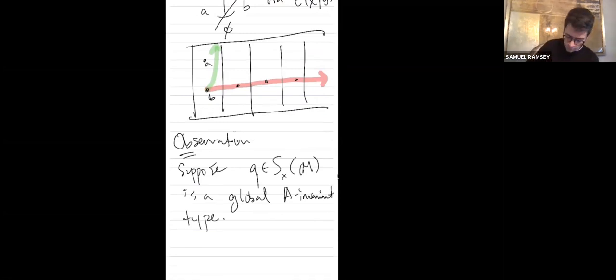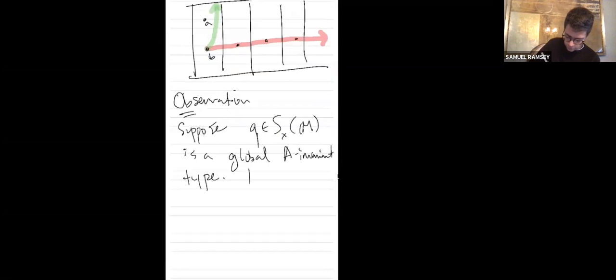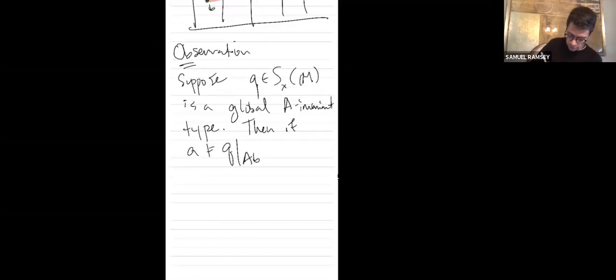Going back to what we did before, then if A realizes Q over A, and B can be a really long tuple, I don't care that it's finite, then A is forking independent over A with B.